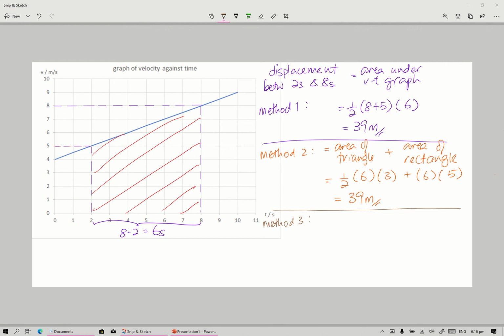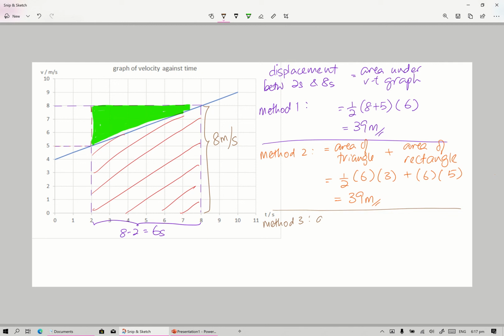So for method 3, what you do is take the whole area of the rectangle, which is this, the whole area of this rectangle, this will be 8 meters per second, the entire area here, minus this triangle.